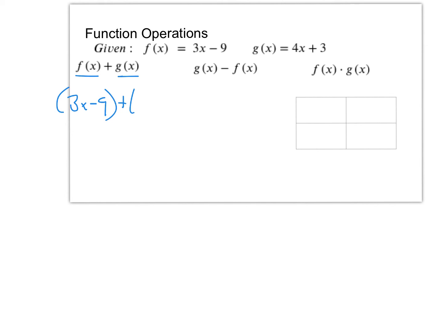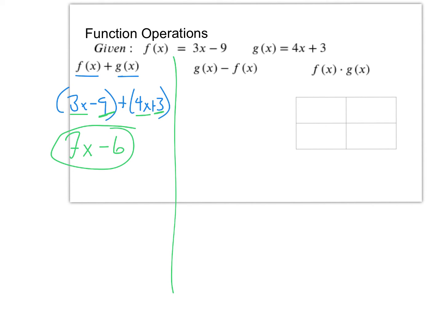Plus my g of x, 4x plus 3. And then do what we were doing earlier. Since it's addition, we don't worry about any sign changes. Let's combine like terms. So 4x plus 3x, that's going to be 7x. Negative 9 plus 3, well, that's negative 6. And there it is. Simple.